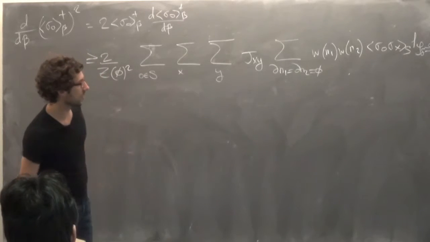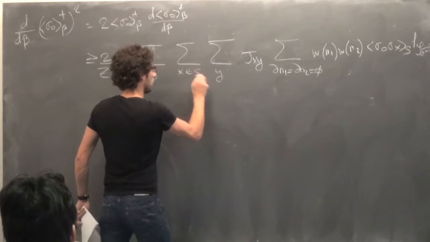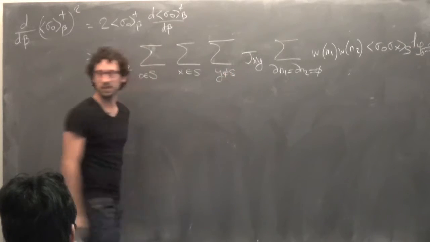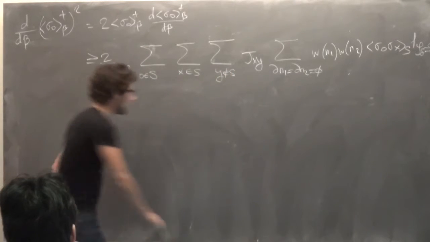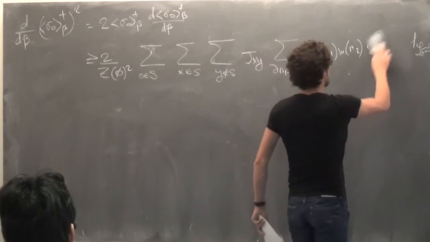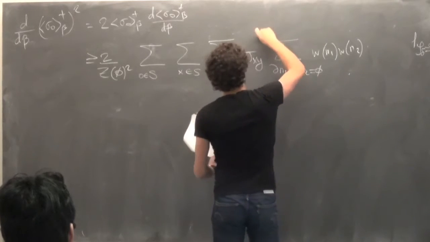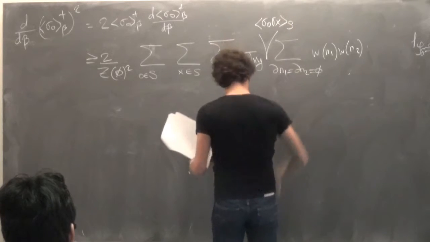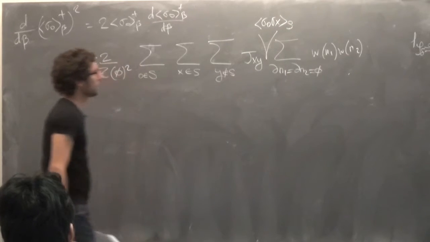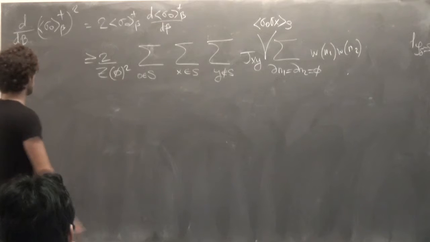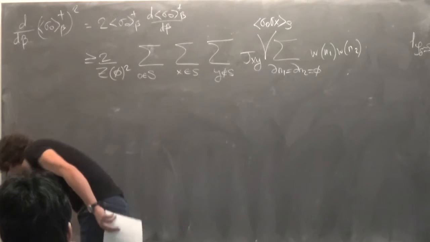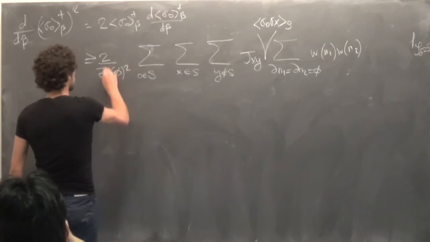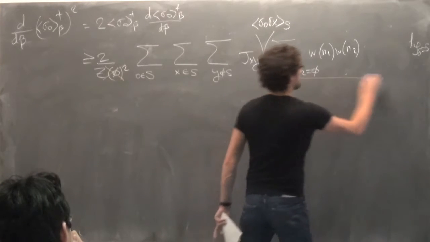So then I want the x to be in s, and I want the y not to be in s. And notice that this quantity here doesn't depend on the current, so I'm going to put it here. Okay? Now, first manipulation, this thing, put it here.